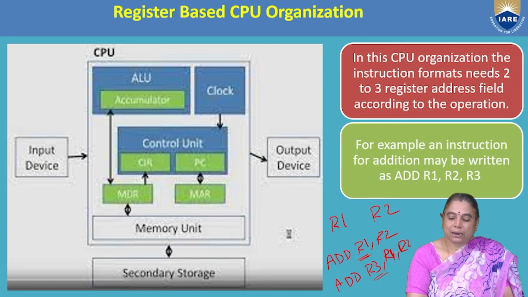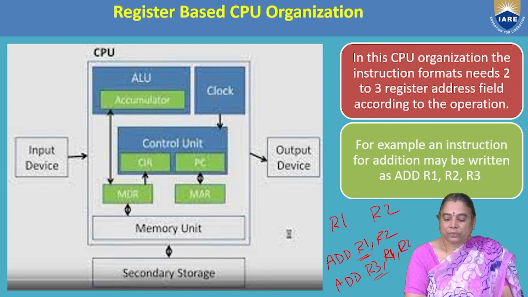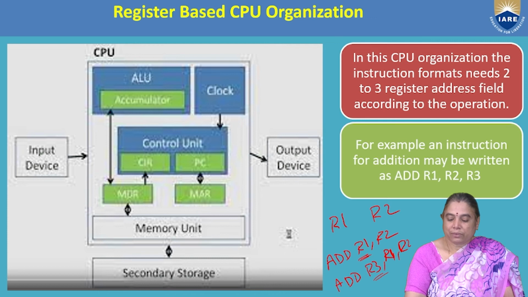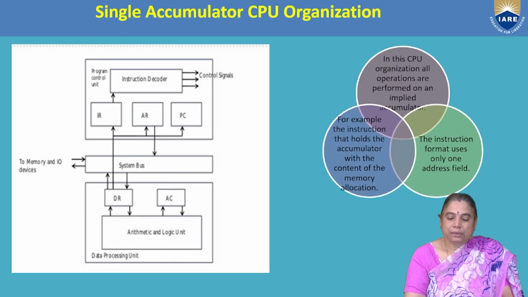Like this, the general purpose registers can be used to store the operands and the result, so that the user can easily perform the processing and easily represent assembly language instructions in register-based CPU organization. The next one is single accumulator organization.